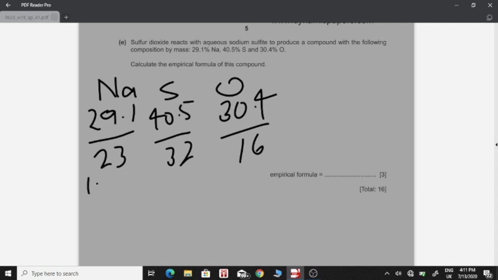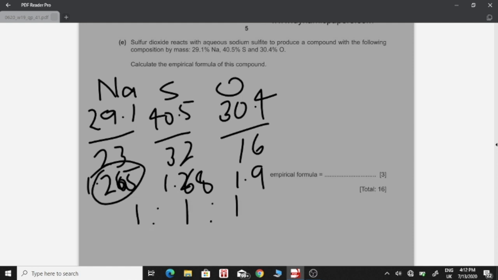And so we have the number of moles as this. I'm only writing a few significant figures: 1.268 and then 1.9, and now we're supposed to calculate the ratio. This is 1.265 over here, 1.268 for sulfur, and 1.9 for oxygen. So for calculating the ratio, we divide all of these three numbers by the least value, which is 1.265, and we get the ratio as 1:1:1.5.